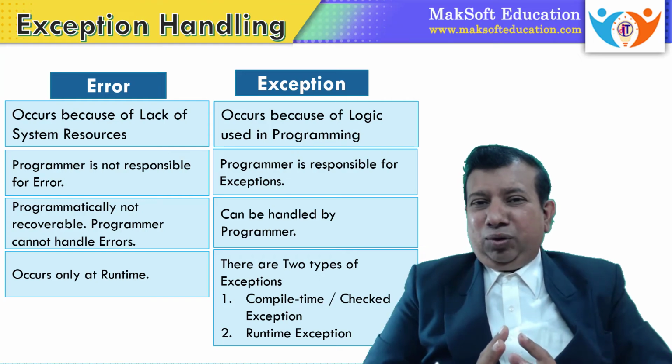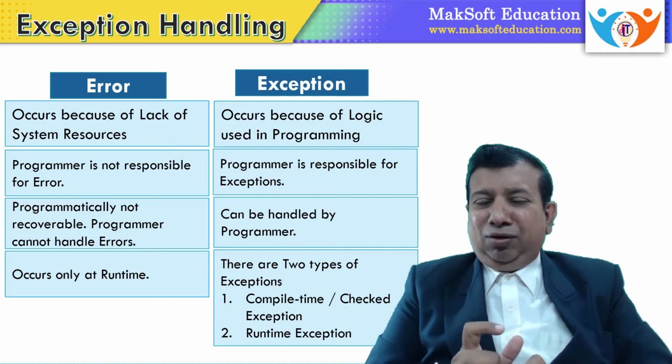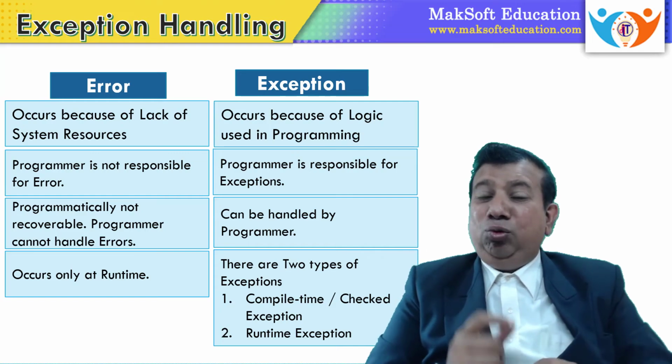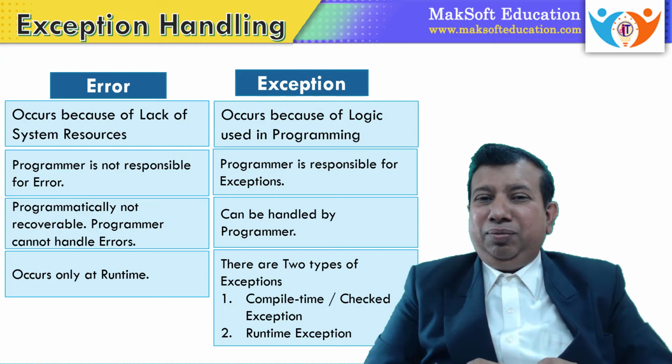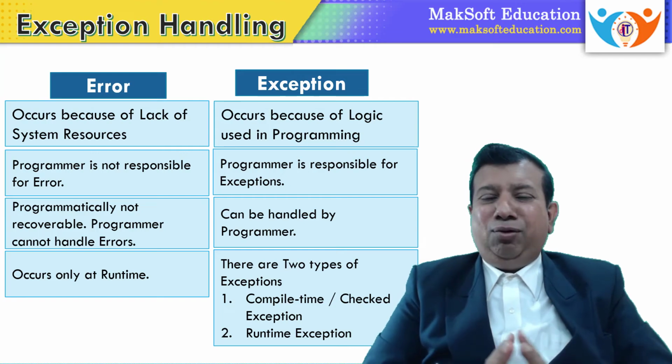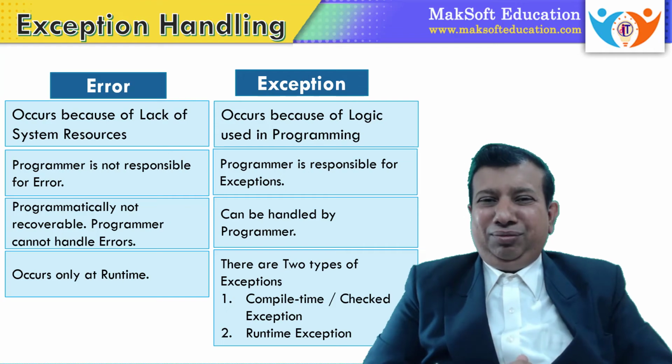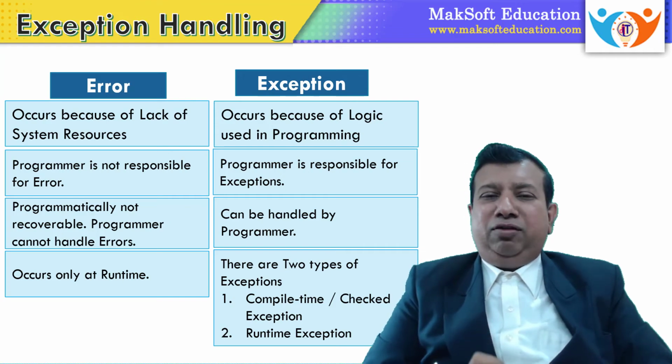Exception handling is a technique for the programmer. Some classes are defined in such a way that the programmer has to handle exceptions, and it's compulsory, it's mandatory for the programmer, and such exceptions are known as checked exceptions. For example, IO exception.